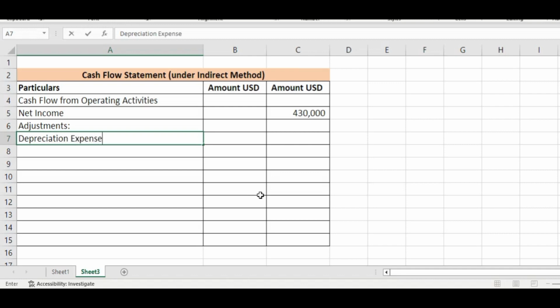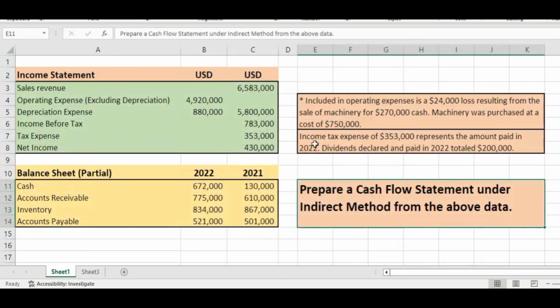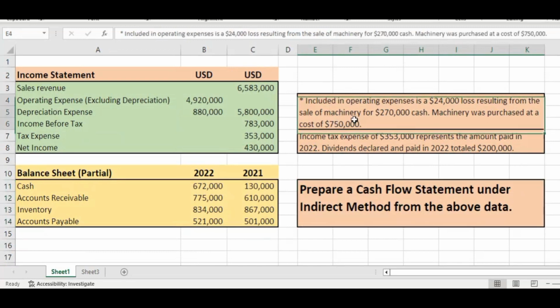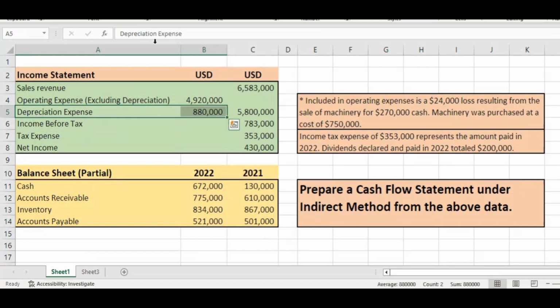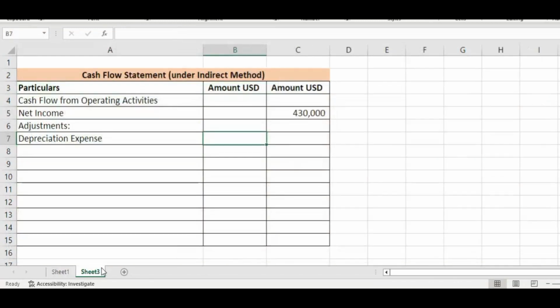At first, depreciation expense. Depreciation expense we find here: 880,000.